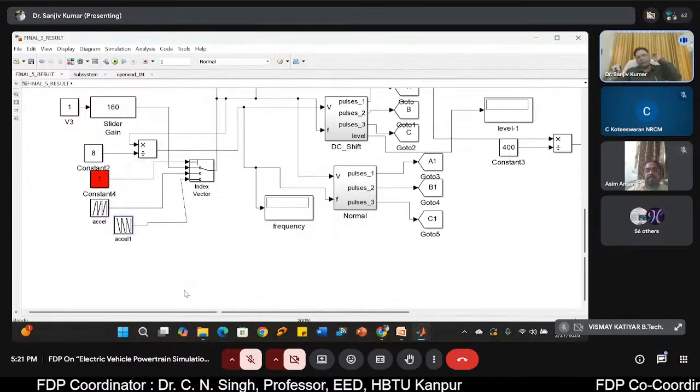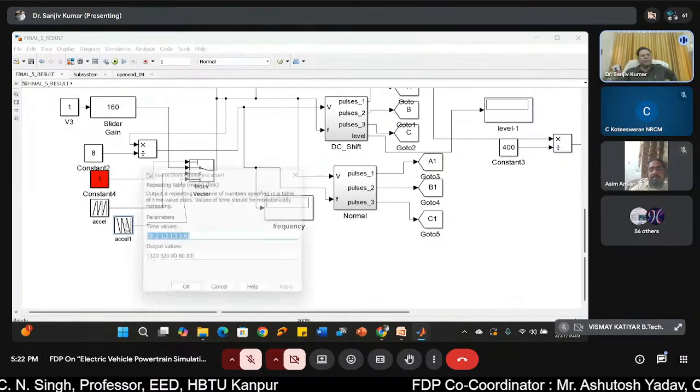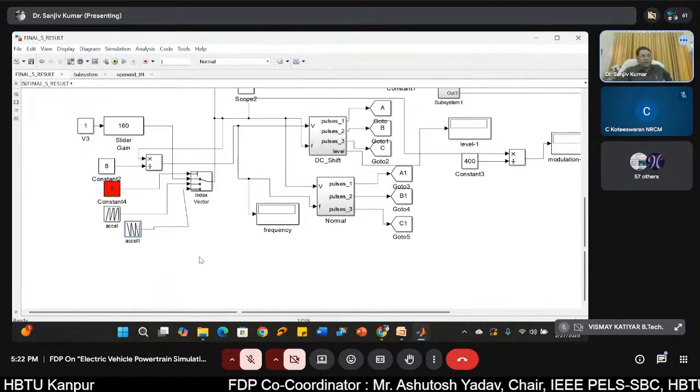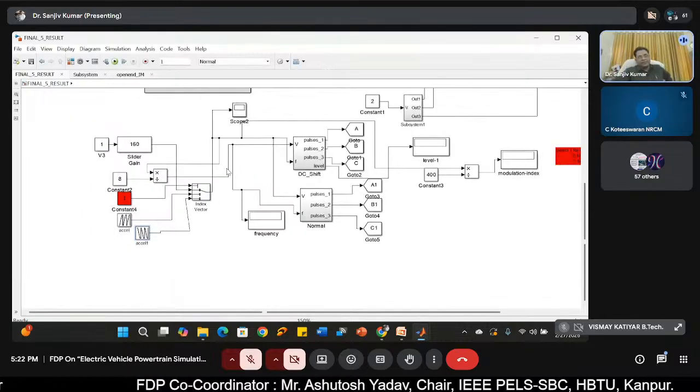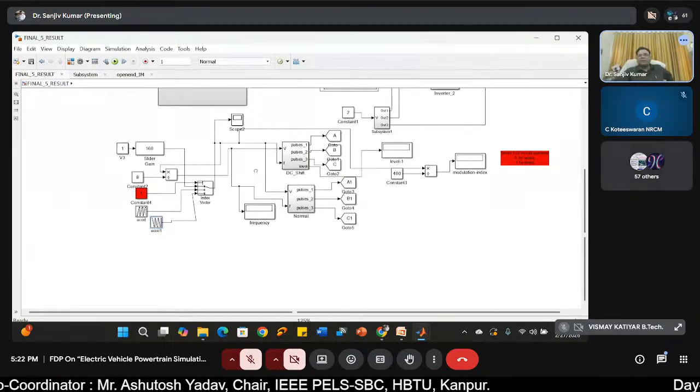Means 80 volt corresponds to 0.2 modulation index, and 320 volt corresponds to modulation index 0.8. Clear? So now let us run this simulation.